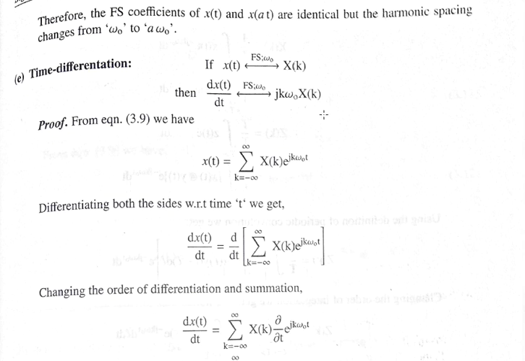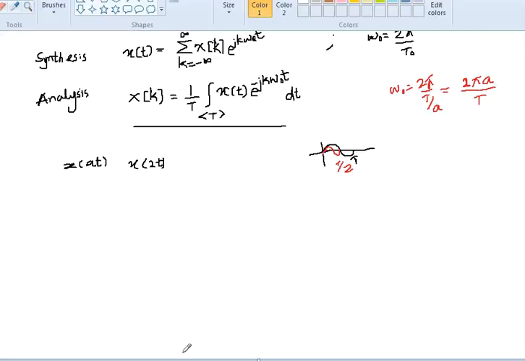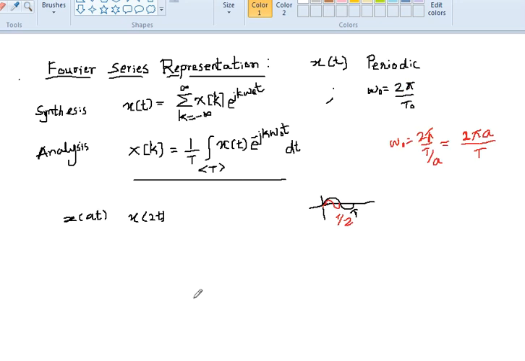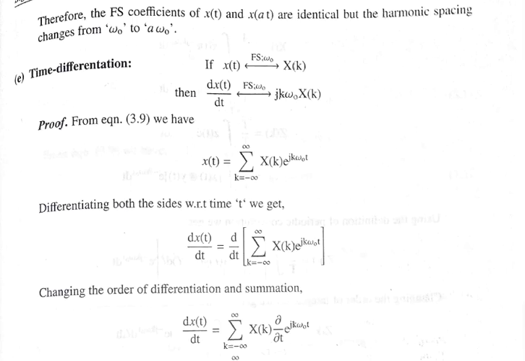Let's see. For this we consider our x of t, the synthesis equation. X of t is equal to, we know, summation, this first equation, x of k e raised to j k omega naught t. After considering this first equation, now we go for differentiating that equation.